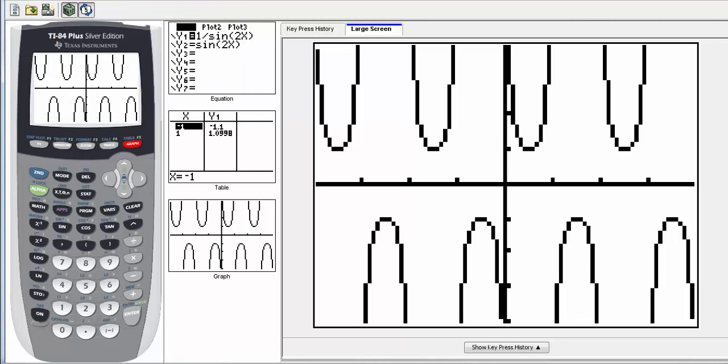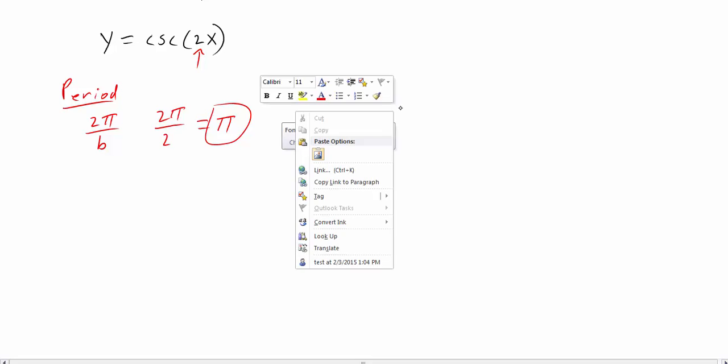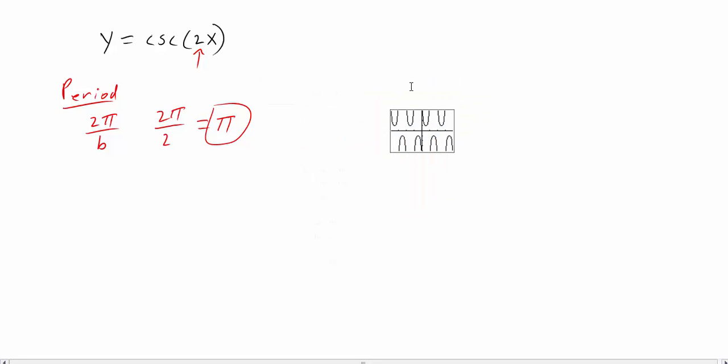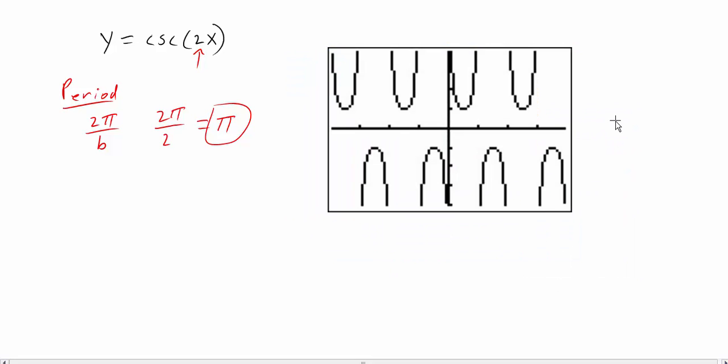So let's copy this over. So here we have our y equals cosecant of 2x. So this is still going from 0 to 2 pi. But now what we're going to notice is this point here is pi over 4.